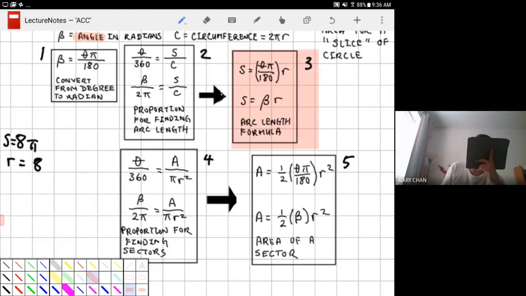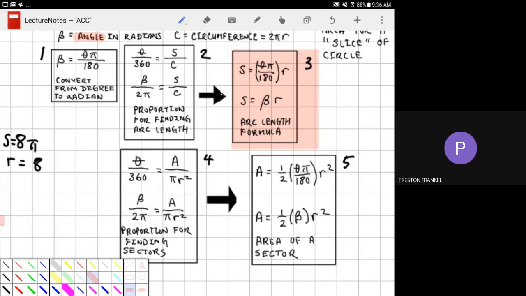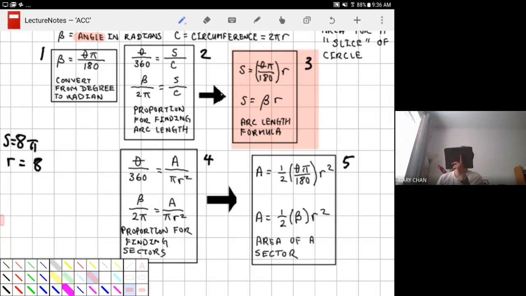Does it say in the problem to find the central angle in radians or degrees? Radians. So which formula within that box are you going to be using? S equals beta R. So we're going to find out what beta is.